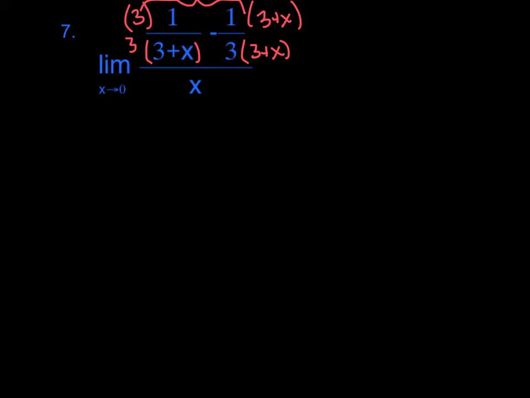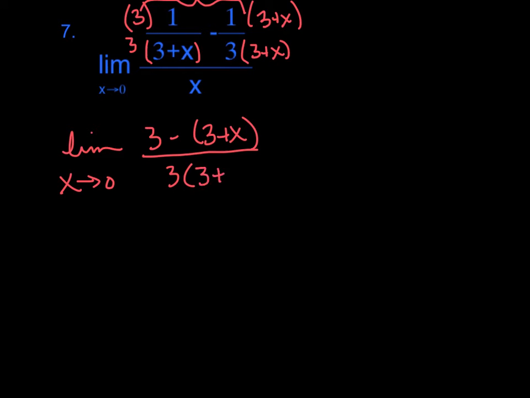Then I'm going to have the limit as x approaches 0, and we're going to get 3 minus 3 plus x, over the new common denominator, which is going to be 3 times parentheses 3 plus x.